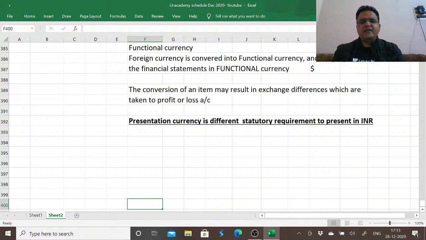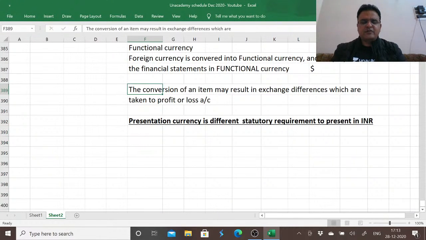So we can be loss making or profitable in dollars, and suddenly we may be loss making or profitable in a different presentation currency. So the management will definitely like to present in the currency in which they are very profitable. So to curb this, this is considered unrealized gain or loss, and this is known as translation.